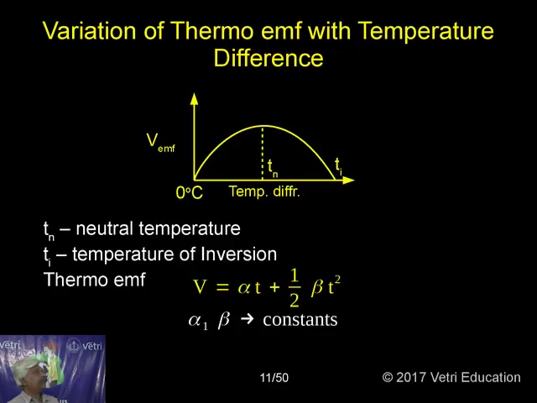The variation of thermo EMF with temperature difference is also very important for your discussion. Take one junction at a higher temperature and another at a lower temperature, so there is a temperature difference. To keep the calculation simple, I keep the cold junction at 0 degrees and increase the hot junction temperature in steps of 10.